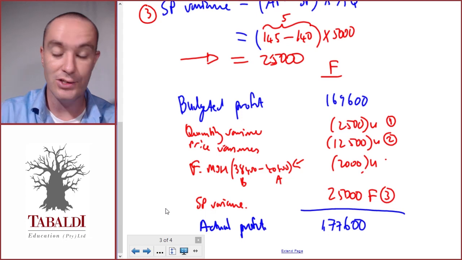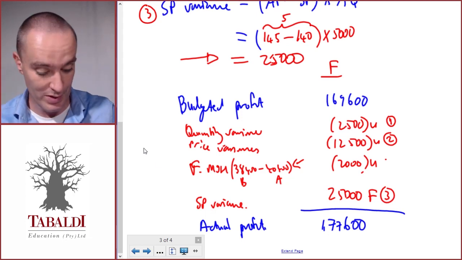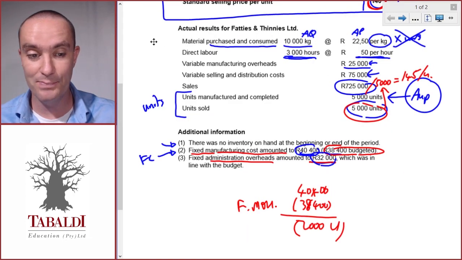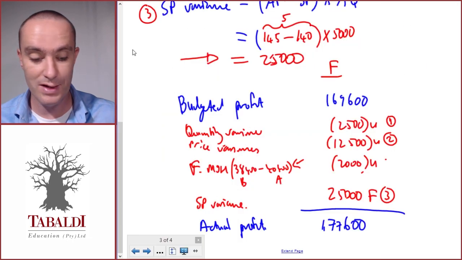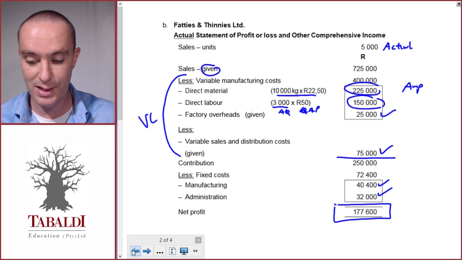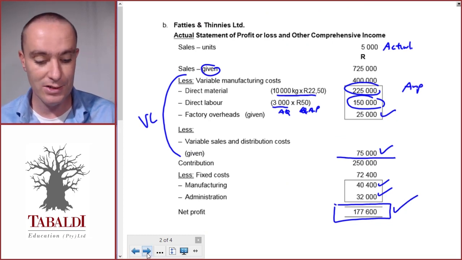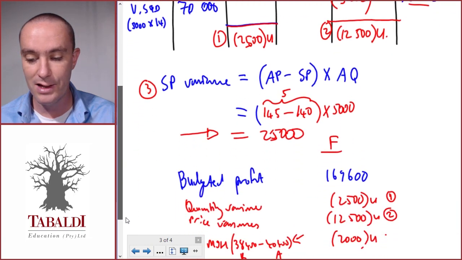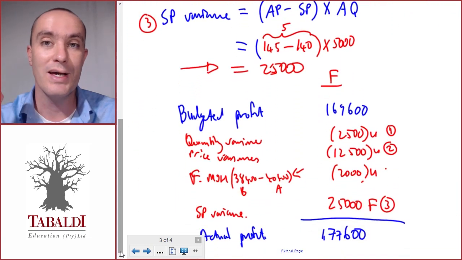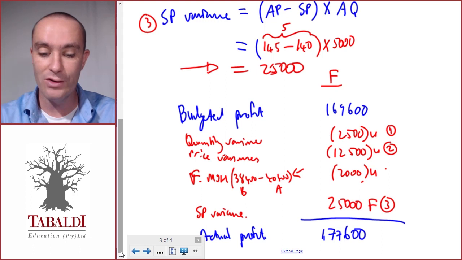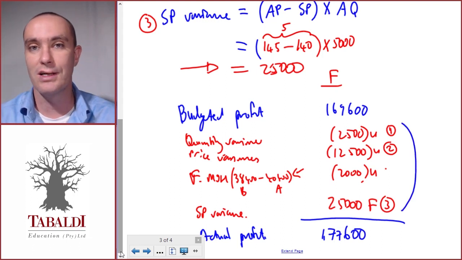At this stage, you really hope that total agrees to what you calculated before. So let's find the actual profit calculation. There we have it, 177,600, and that agrees to our reconciliation, the total at the end. So you know you didn't make any mistakes in your variances, and you know you included everything in your reconciliation.